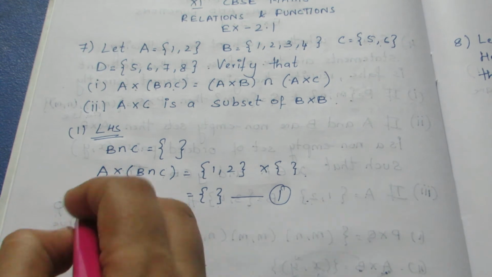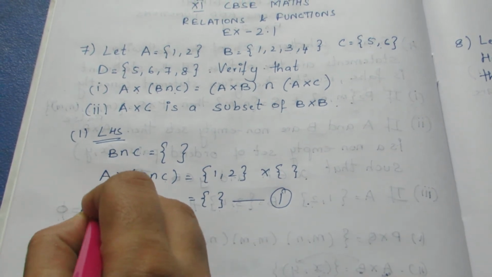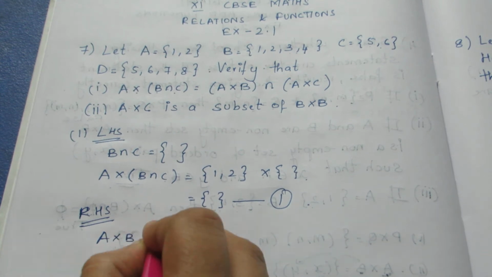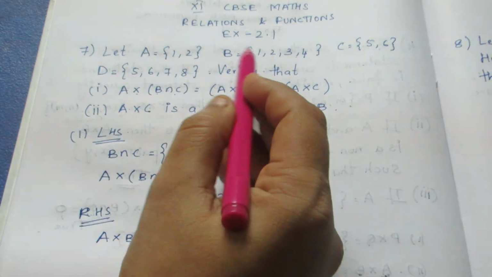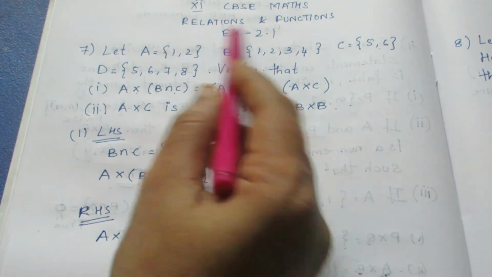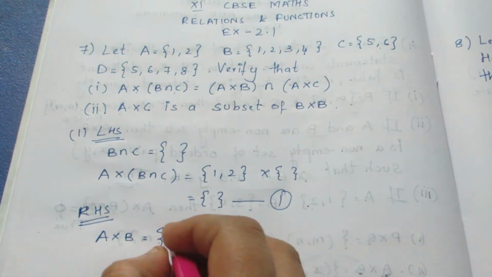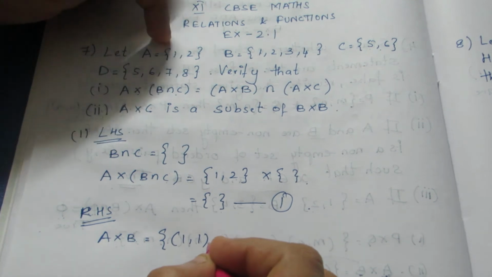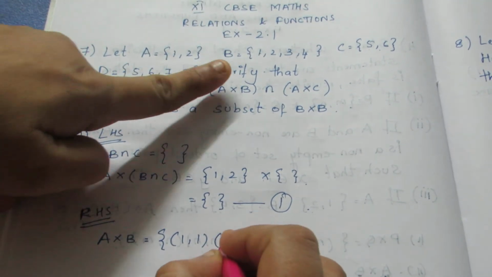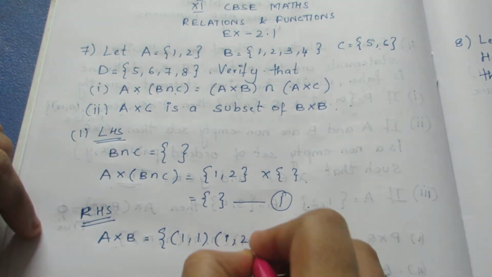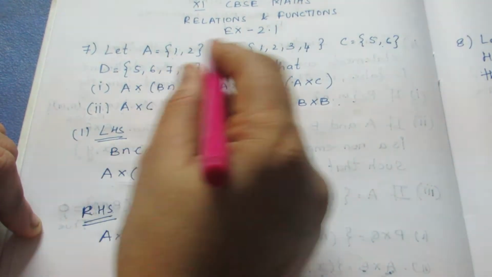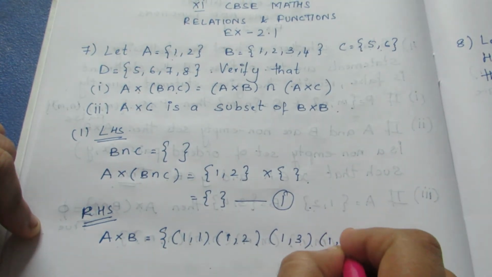We'll move on to the RHS. In RHS, we need to find A cross B. A cross B means first element of A with the elements of B, similarly we need to multiply all of them. Here (1,1), (1,2), (1,3), (1,4).